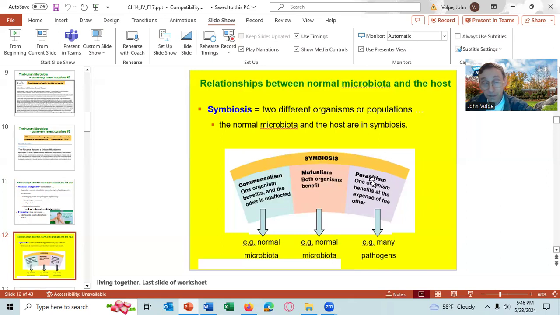So that benefits the Staphylococcus aureus, and that does harm to us. And that would be actually all human pathogens are a parasitic symbiotic relationship. Any question about any of that?